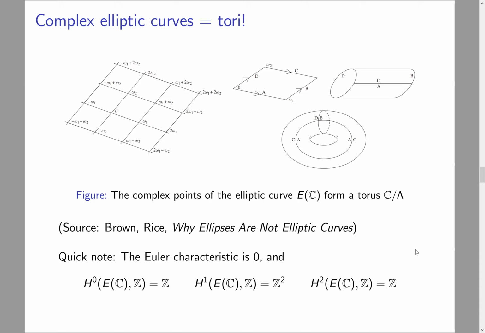Well, if this is the way you like to think about genus, an elliptic curve is a torus, so it has genus 1 for that reason. It has Euler characteristic 0, being a torus, and you can calculate the homology or cohomology groups as follows. The zeroth and second cohomology are both one-dimensional, rank 1. They're both just Z. And the middle one, H1, is Z squared, generated by each of these cycles from these two sides that got glued together.